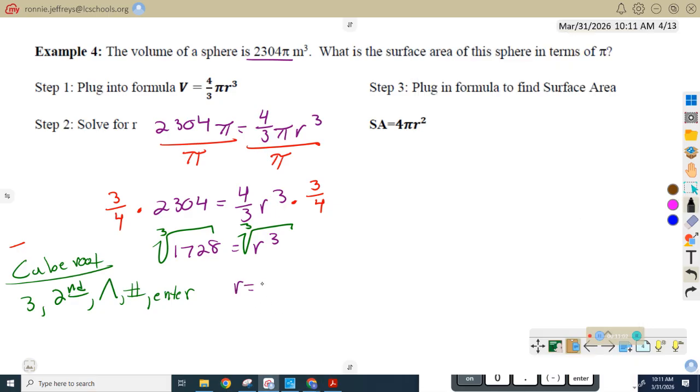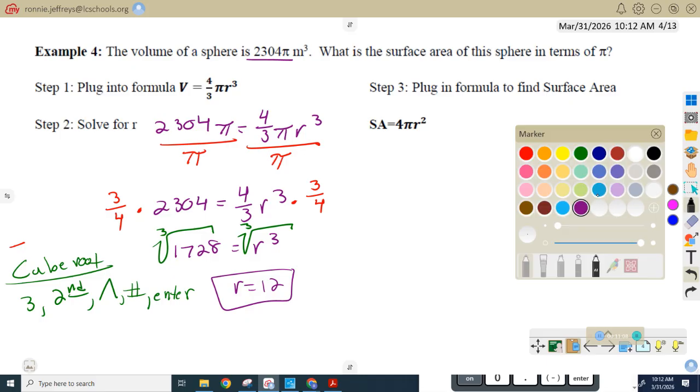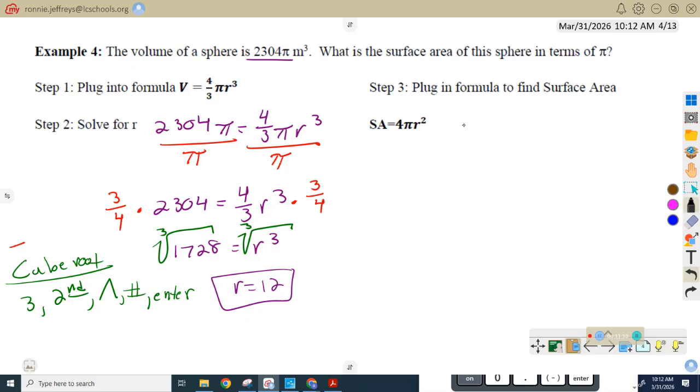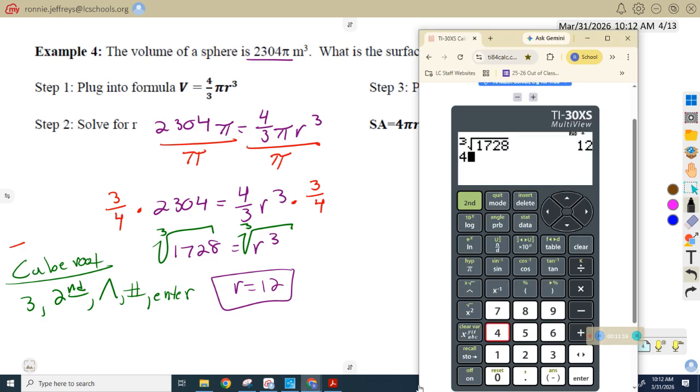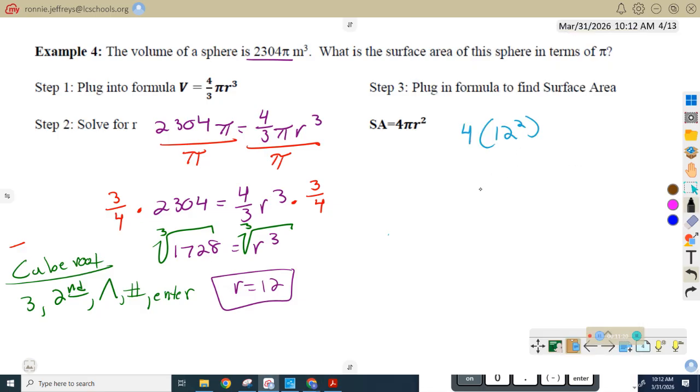So R equals 12. And then, 576 pi meters squared.